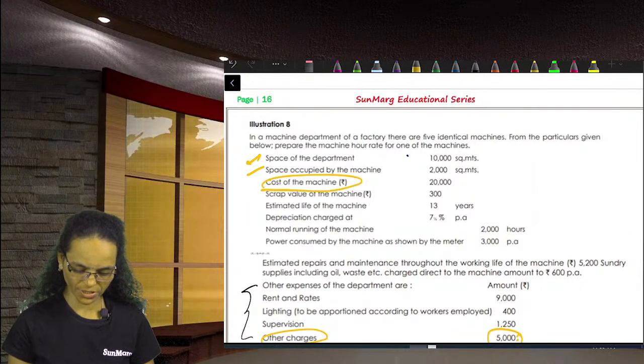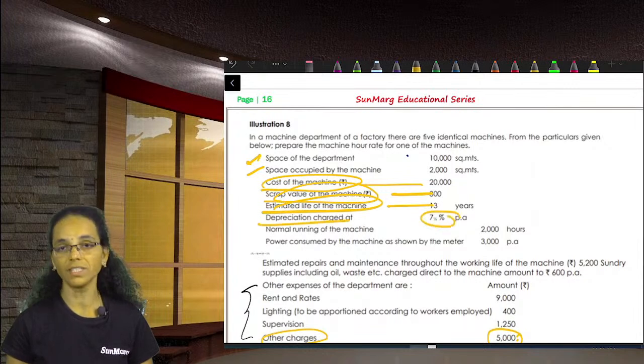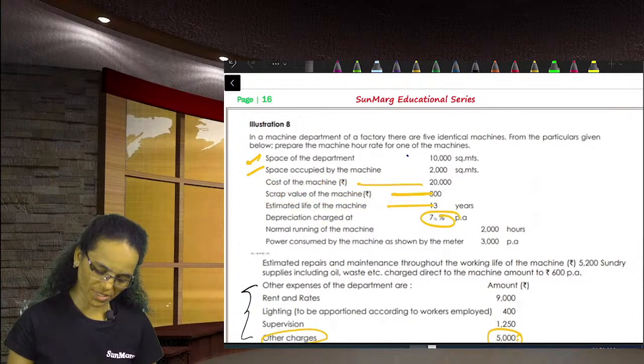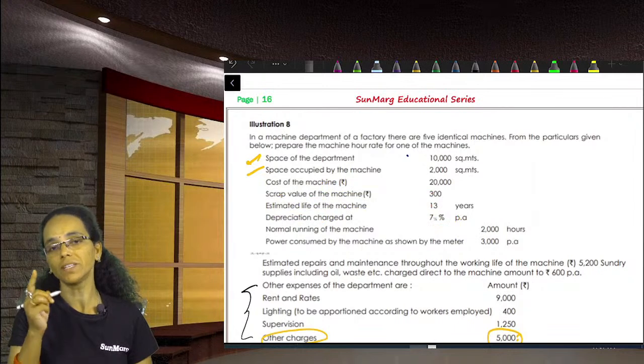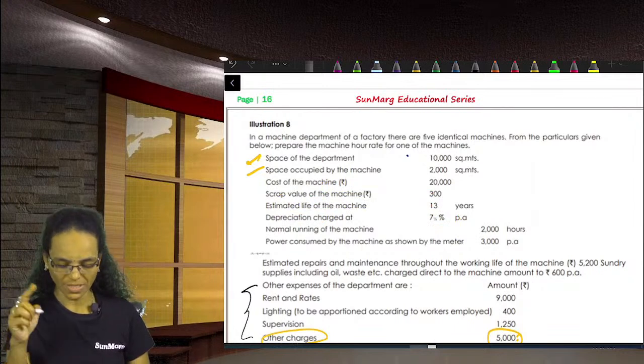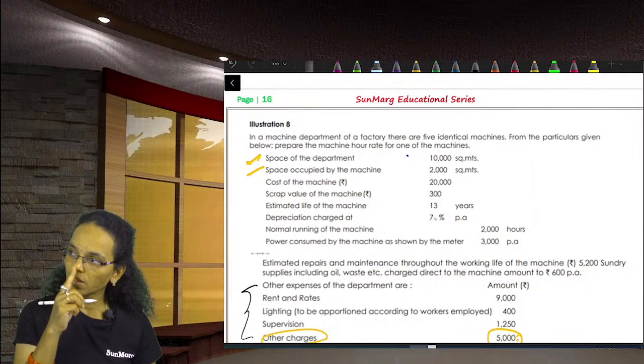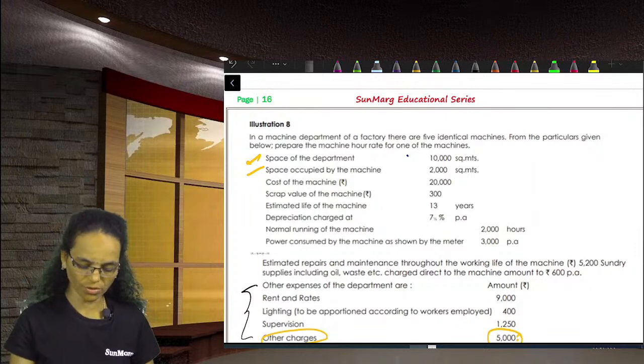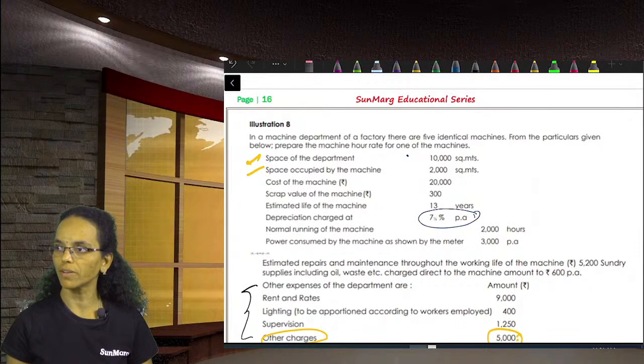Cost of machine is 20,000, scrap value is 300, estimated life is 3 years and the depreciation percentage is directly given. When the depreciation percentage is directly given, you take the percentage on your cost of machine, so that you will come to know the depreciation element.